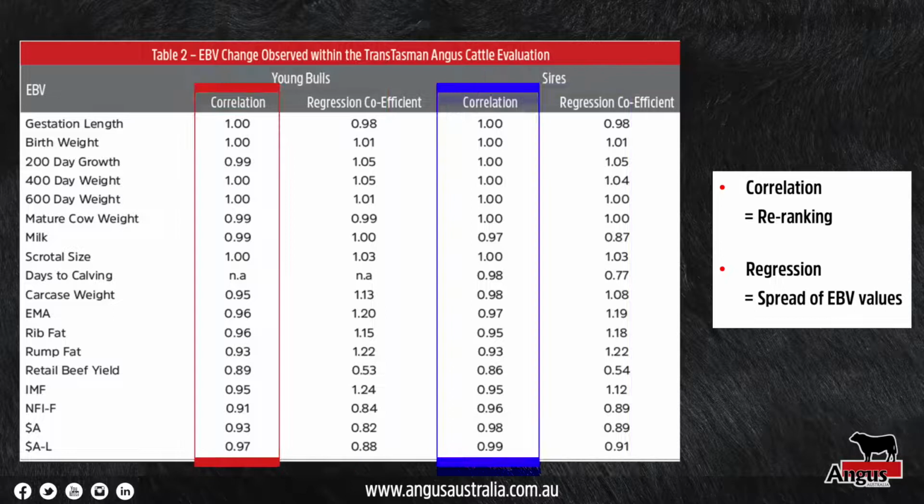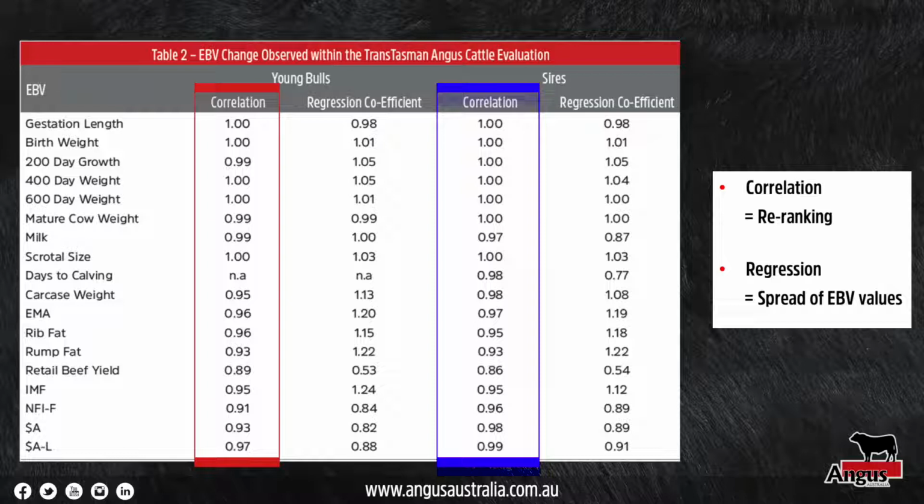First of all, the correlation, and the correlation really reflects the re-ranking that we see in how animals sit on those different EBVs. For those of you that might be familiar with correlations, they can range from +1, and if it's +1, then everything is ranked exactly the same as it was before. If it was -1, then it'd be in completely the opposite direction.